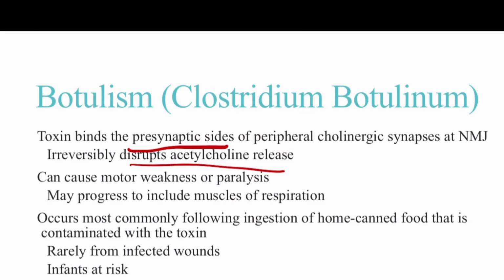Can cause motor weakness or paralysis. May include muscles of respiration. So obviously if your muscles don't work and you can't breathe, then you're going to be in a lot of trouble. Be careful with home canned foods that can be contaminated with the toxin. Rarely from infected wounds, and infants are at risk, which is why you can't give infants anything out of a can until they're a lot older.